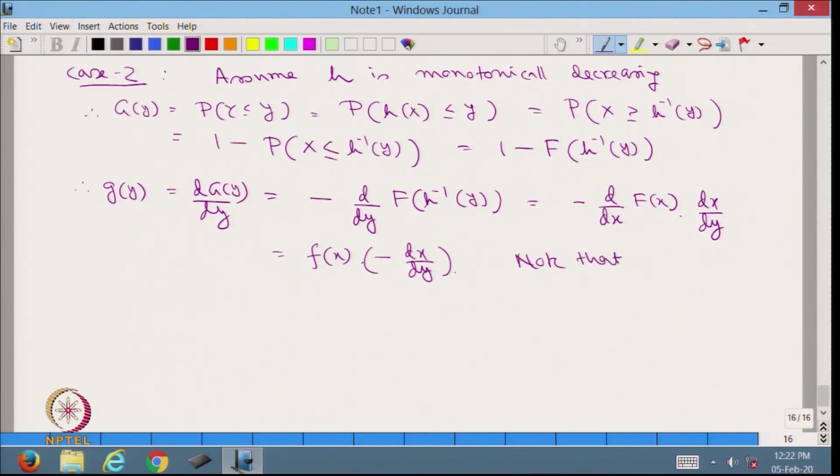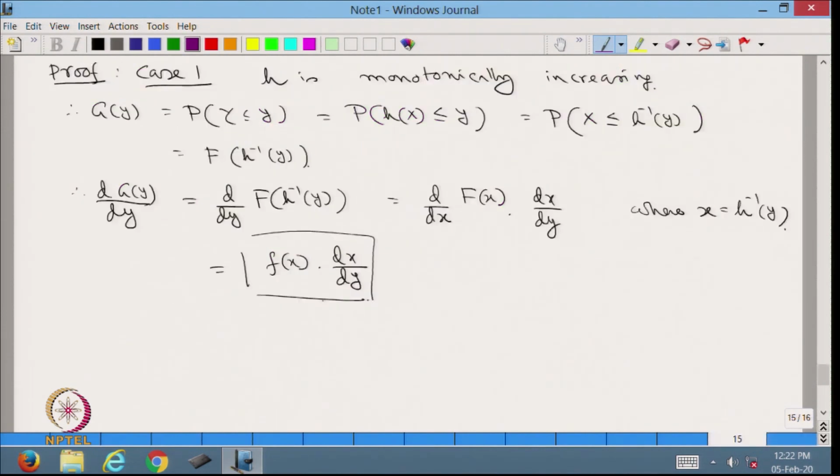Note that in this case the derivative is negative. Therefore, we can write it as f(x) times modulus of dx/dy. Note, in the earlier case, dx/dy is positive.